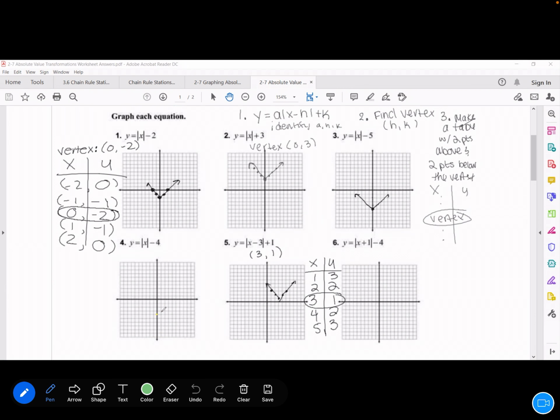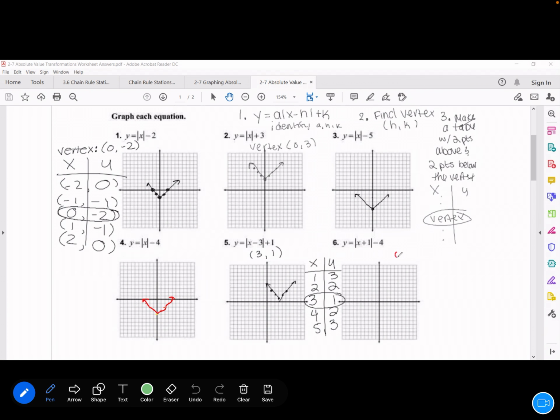No stretch or compress, so my slope is up 1, right 1, up 1, right 1. Five, your vertex is 3, 1, so it's 3 to the right and up 1.